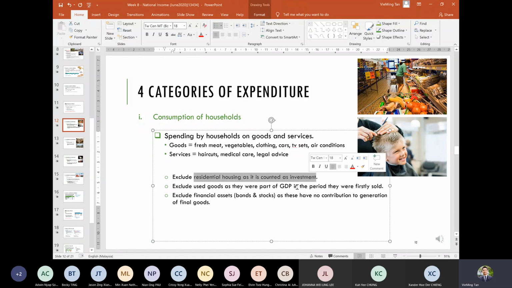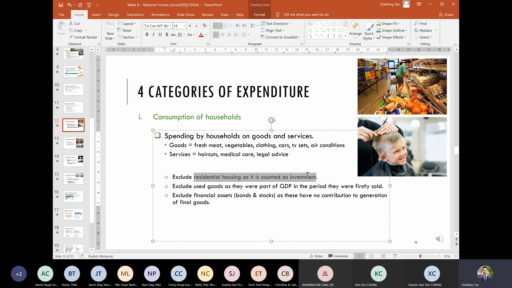If a household purchases a house not for personal use but only for investment purposes, for example someone rich enough buys many houses to rent out to students, workers, or a factory, this is called investment. So if the house purchase is for investment purposes, it is not included under C, but under I.